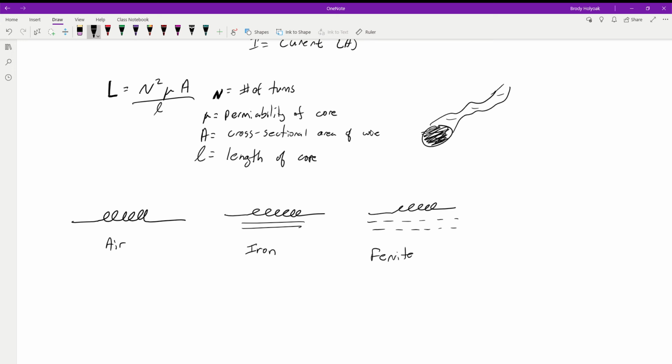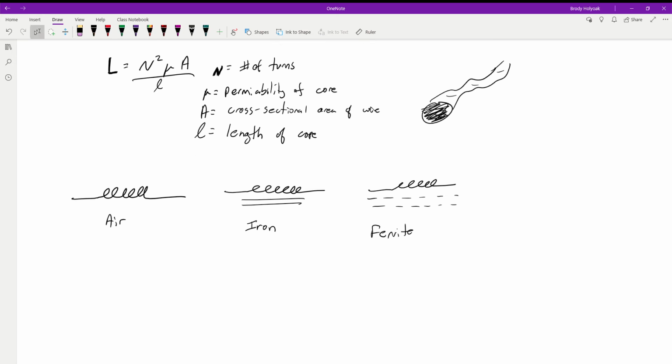These are the three materials we use. They have different transmittal properties for magnetic fields. Air doesn't block anything at all. Iron and ferrite both enhance it in different ways. Right now it's not important to understand how those materials work, just to know that there are different materials.